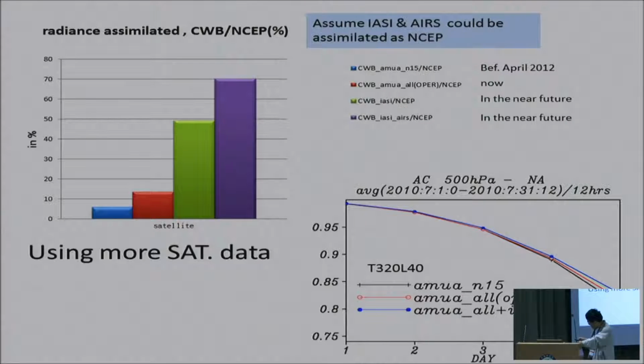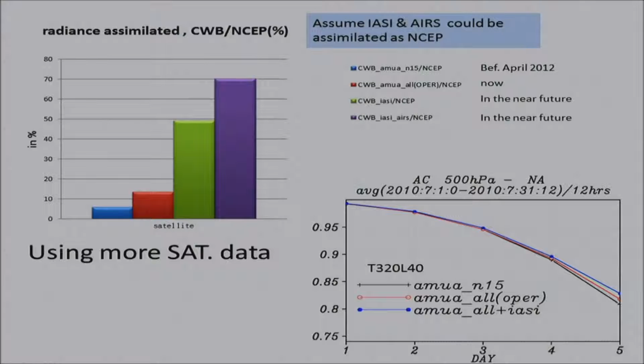This figure shows the radiance data used in the GSI. Before 2012, we had only 6%. Now, the red color bar, we have about 13%. In the near future, we are going to use IASI and AIRS.